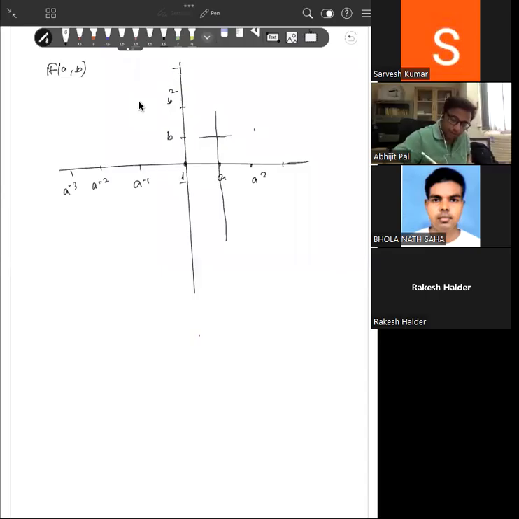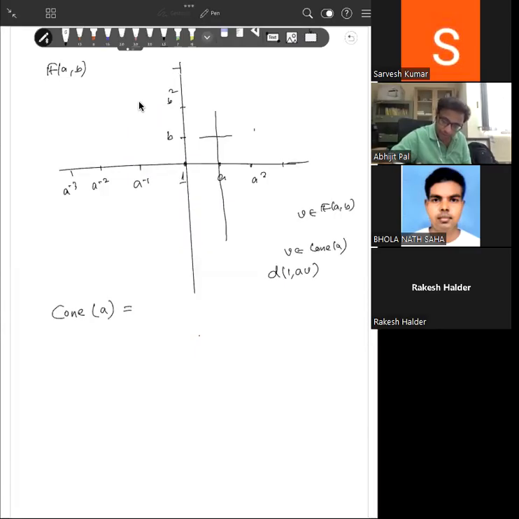Okay, so now let me first ask you, what are all the elements which belong to the cone type of this a? So if some element b belongs to the cone of this a, this means that b belongs to the free group generated by a and b, and the distance of 1 to ab will be equal to the distance of 1 to a plus the length of this b.